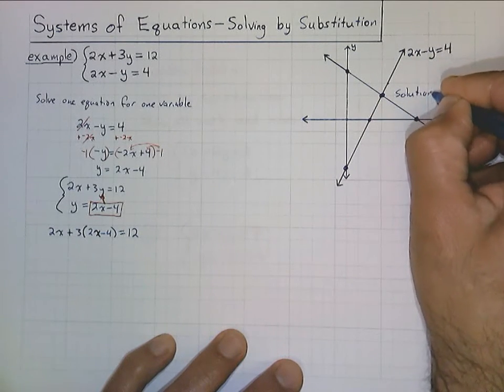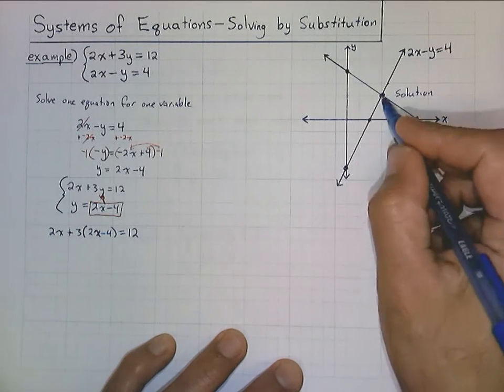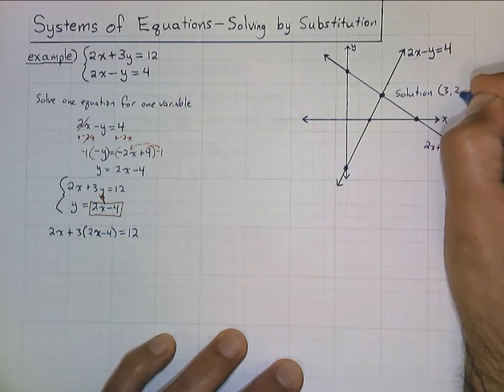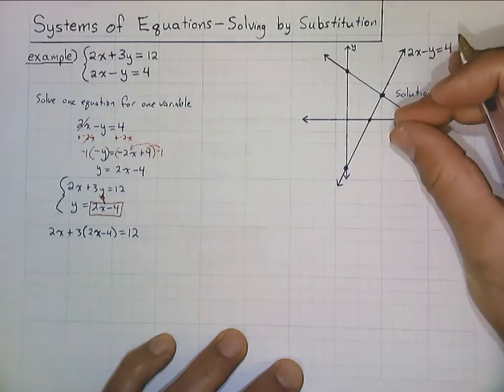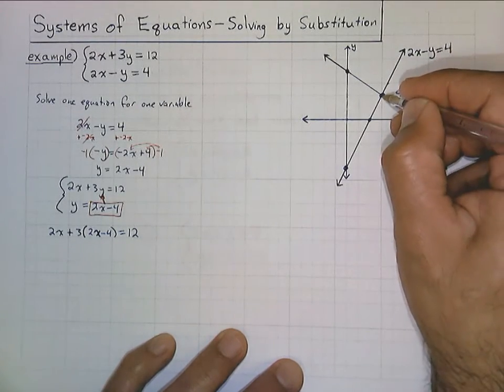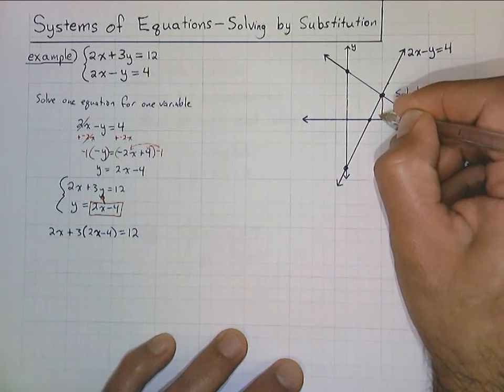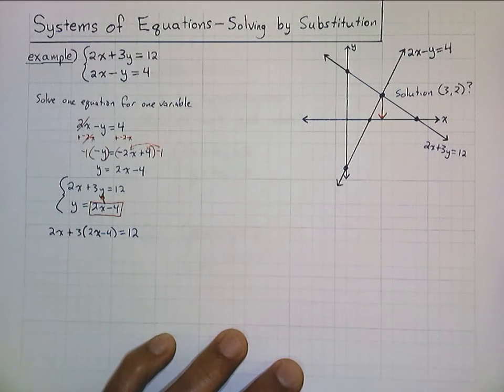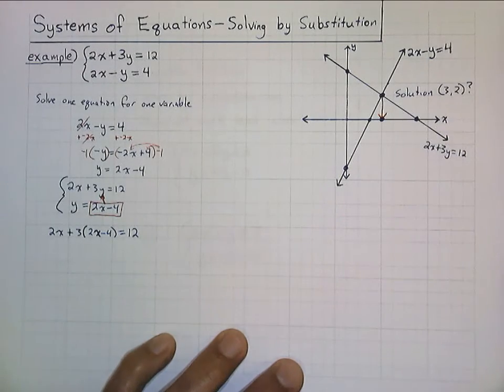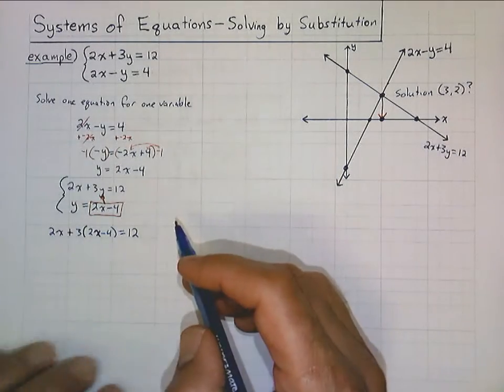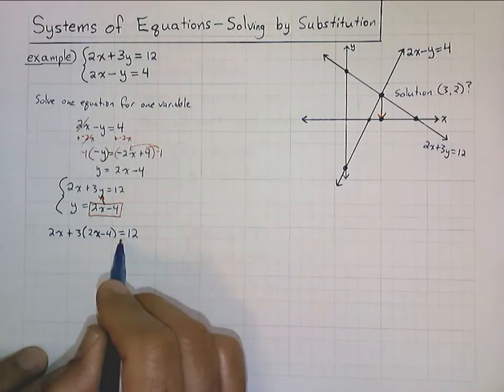And according to our graph, it looks like that is the point 3, 2. And by compressing everything down to the x-axis, we've taken this point and just put it down here. So now we're only looking at the x-axis and we're trying to figure out what this point is on the x-axis. We're going to figure that out by solving this equation.